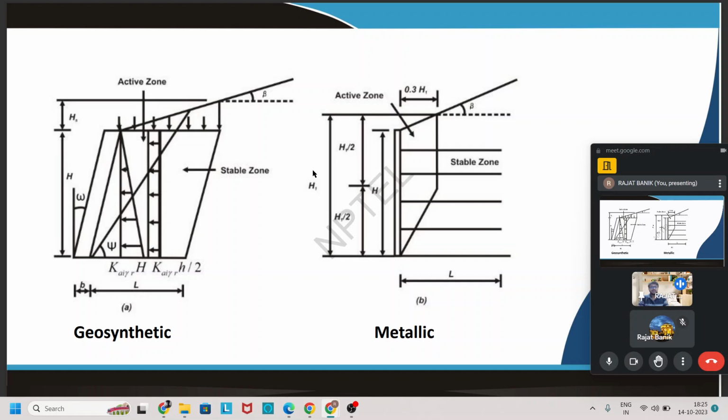And when we use metallic material, like a steel rod or something like that, then the failure surface is constant at the top, and it gets reduced. So these are the different ways we use this mechanically stabilized wall for different types of material.